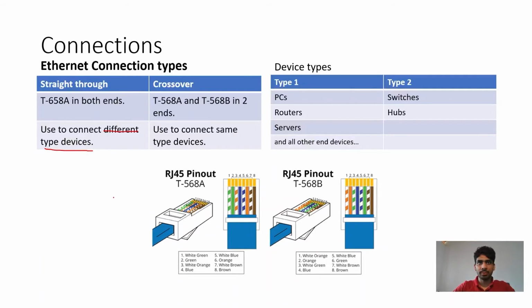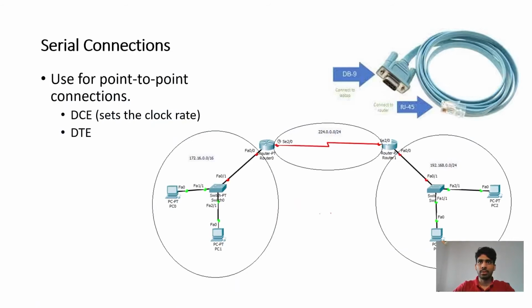Other than these two types of connections, we also have serial connections. We usually use serial connections for point-to-point connections. As you can see, there are two routers, and we use a point-to-point connection to connect them, so for that we use a serial connection.